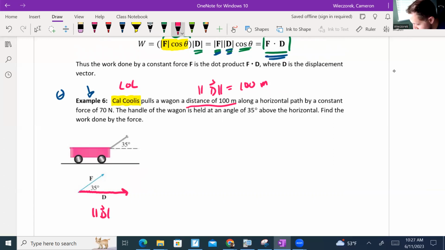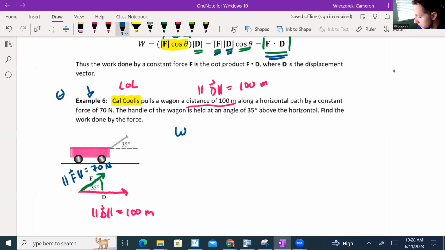You moved it a distance of 100 meters, but you're pulling the wagon's handle at an angle of 35 degrees. So you can see that the line of motion is not moving in the same direction as your displacement. The handle of the wagon is held at an angle of 35 degrees above the horizontal. And we know the magnitude of this force vector is 70 newtons. This was meters, okay. Find the work done.